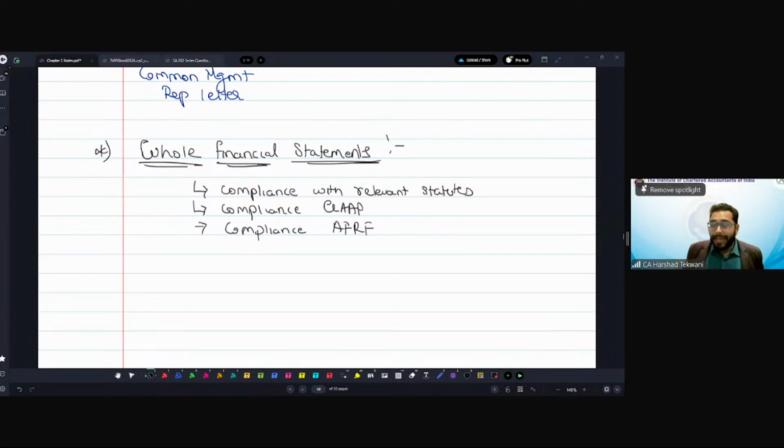So basically the Companies Act decides my reporting requirement. So compliance with the applicable financial reporting framework is also an area where the joint auditors are responsible jointly and severally.